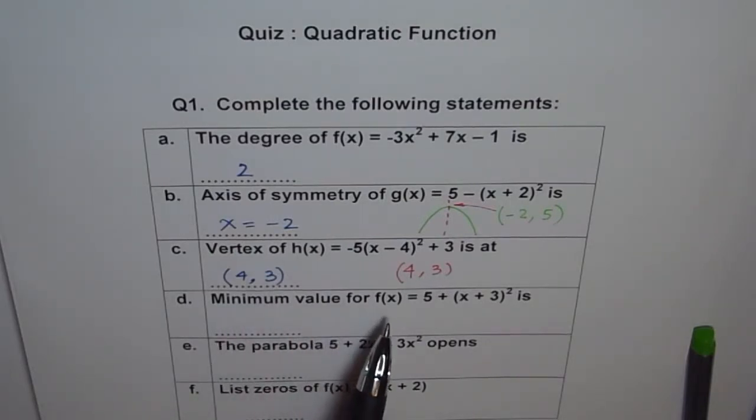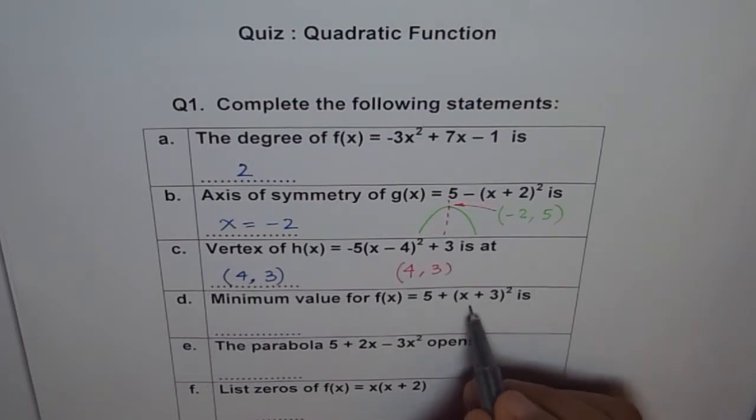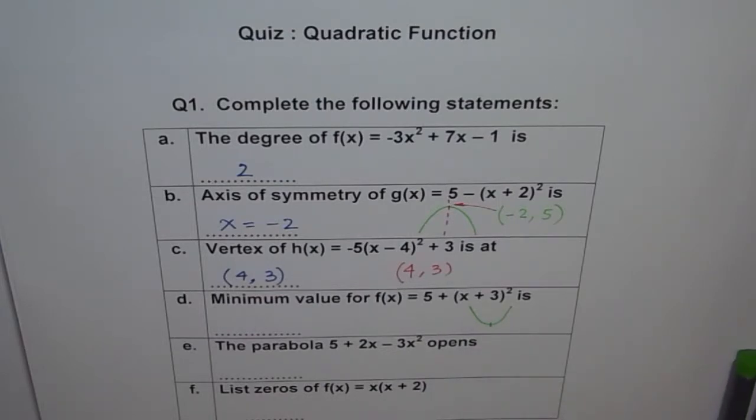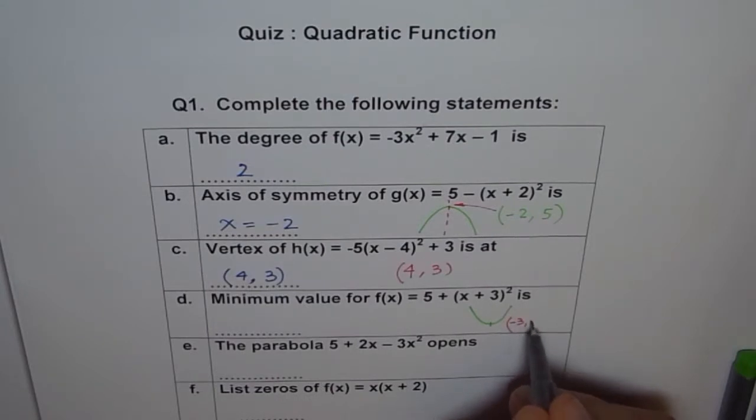Minimum value for the function given to us. Well, this function, as you can see, has a positive leading coefficient, so it opens upwards, right? It opens upwards, and this point is the vertex, and this point for you is minus 3, 5, right? When we say minimum value, then we are interested in this value, right?